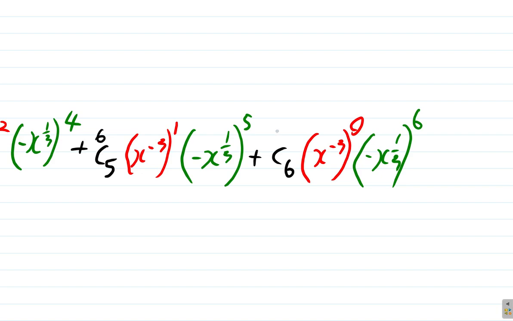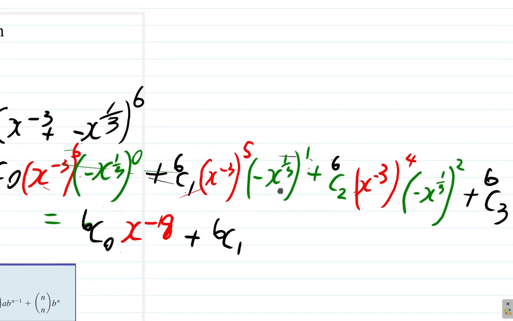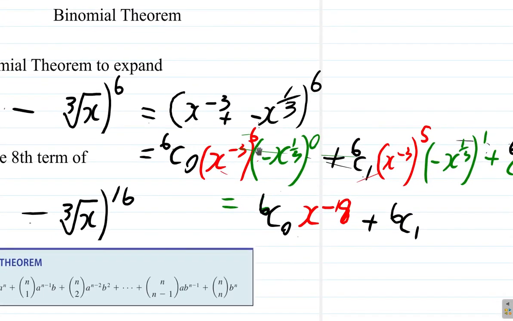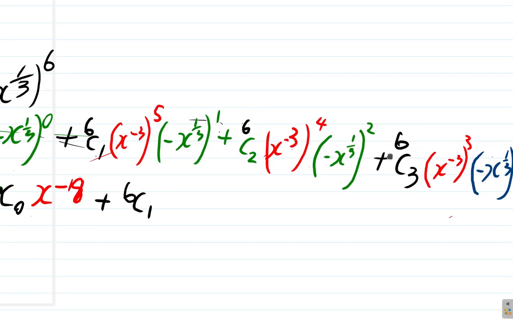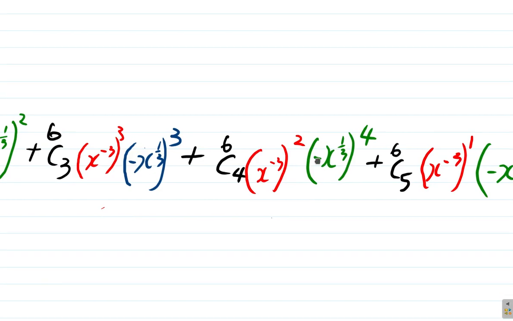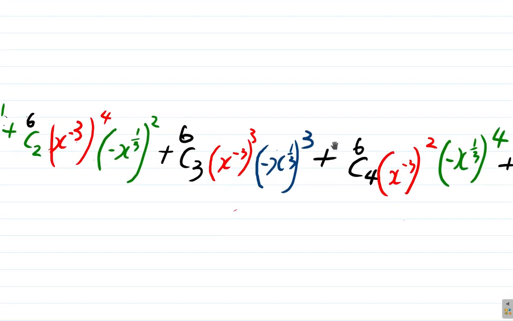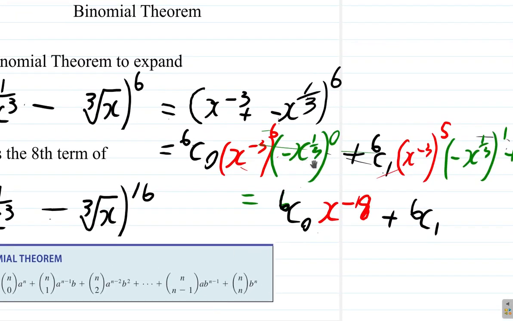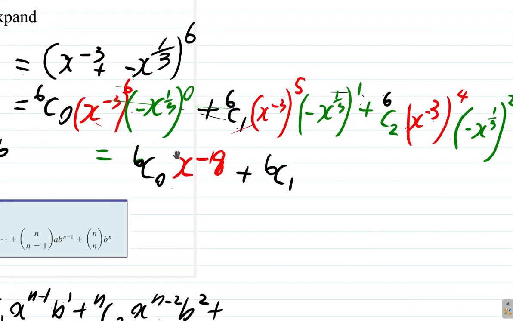Change this to 6. So, as you see, 6C0, then 6C1, then 6C2, then 6C3, then 6C4, then 6C5, then 6C6. The 6 at the top remains. But at the bottom is 0, 1, and so on and so forth.